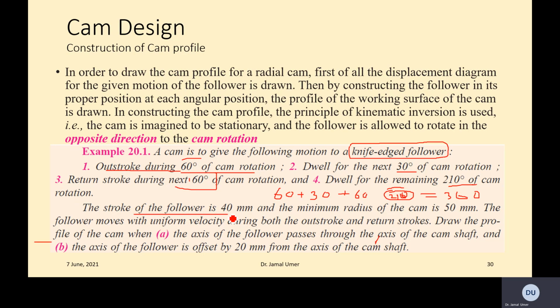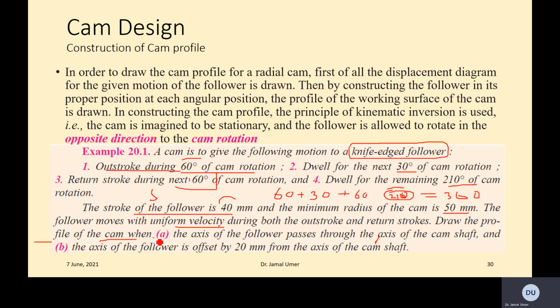The stroke of the follower is 40 millimeter, so this is the S value, and the minimum radius of the cam is 50 millimeter. So the cam radius is also given. The follower moves with uniform velocity during both outstroke and return stroke. Draw the profile of the cam when the axis of follower passes through the axis of the camshaft.